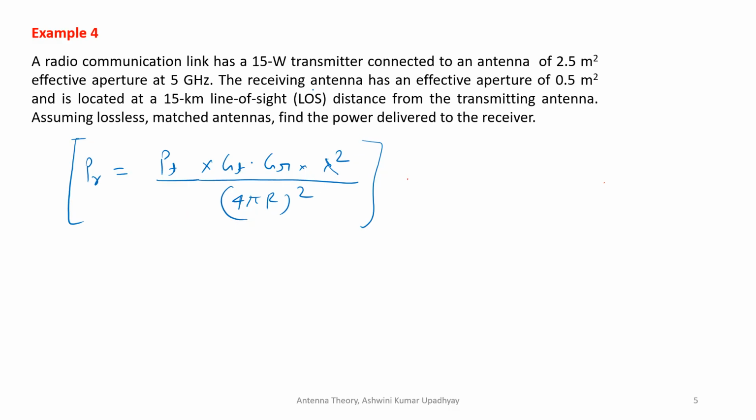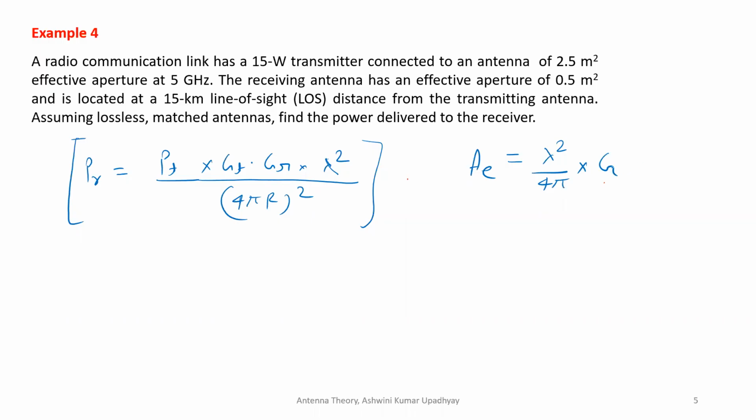Since you are not given these gain values, rather you are given the effective aperture values, and we already know that aperture area, or effective area, can be related to gain as lambda square upon 4 pi into G for any antenna. So G can be directivity.